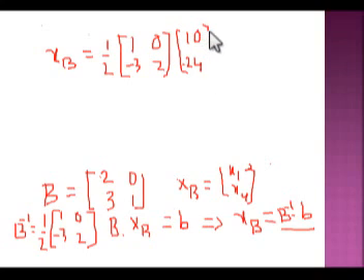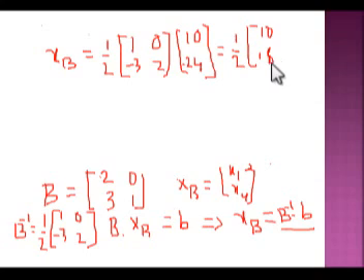If we calculate this, keeping 1 by 2, here we get 10, and here we get minus 30 plus 48, so it will be 18.